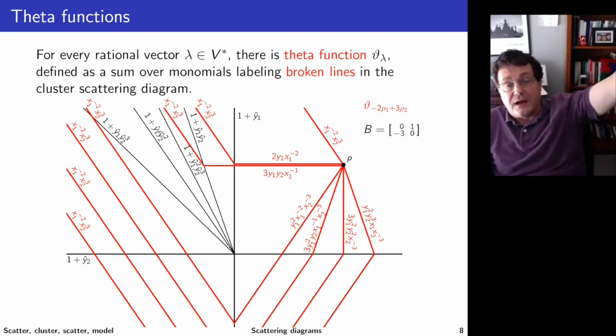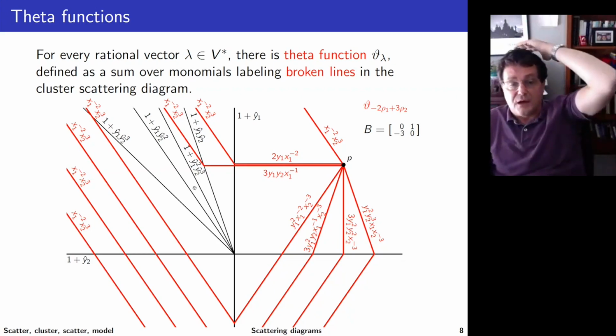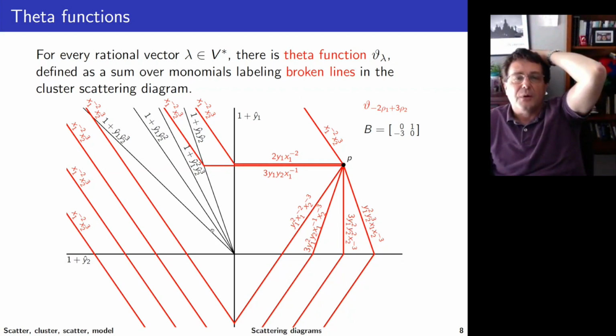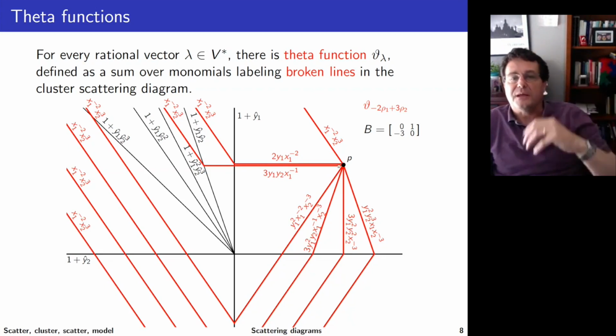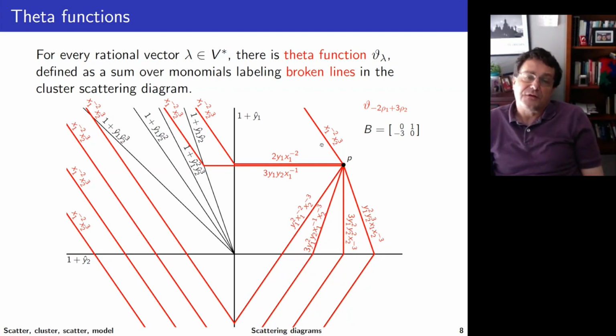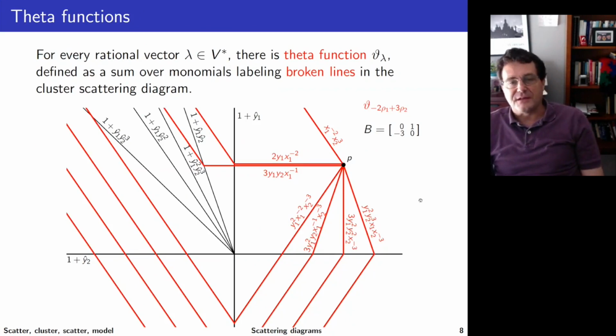I could have come here and broken and gone lots of different directions on these walls, but could I have gotten to the endpoint P? And if I could, I keep that. In nice situations, there is a finite number of broken lines that actually could end at P, and we take their final monomials and we add them together. So the sum of all these monomials shown here is the theta function. That's just to give an idea of how this looks.